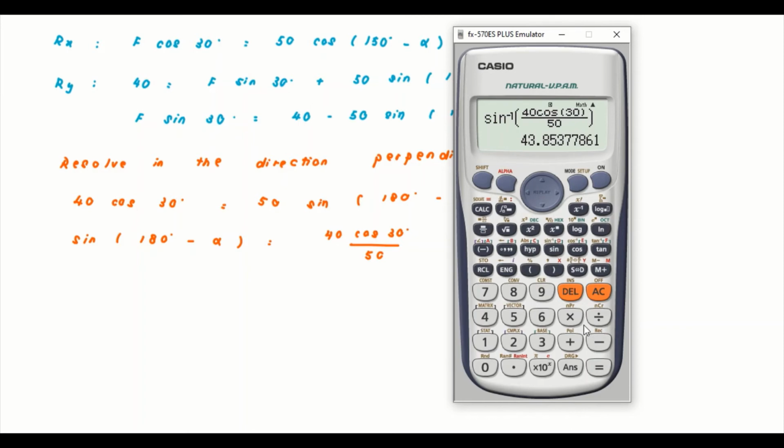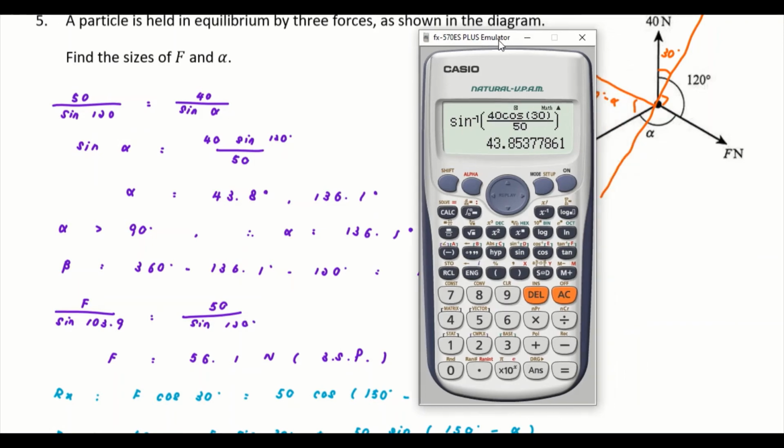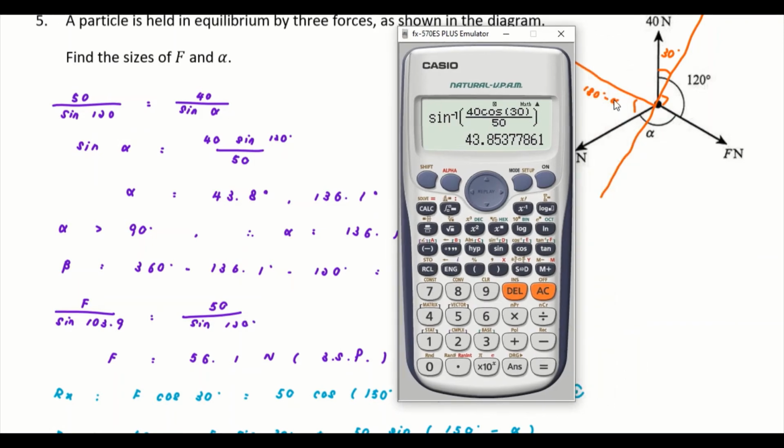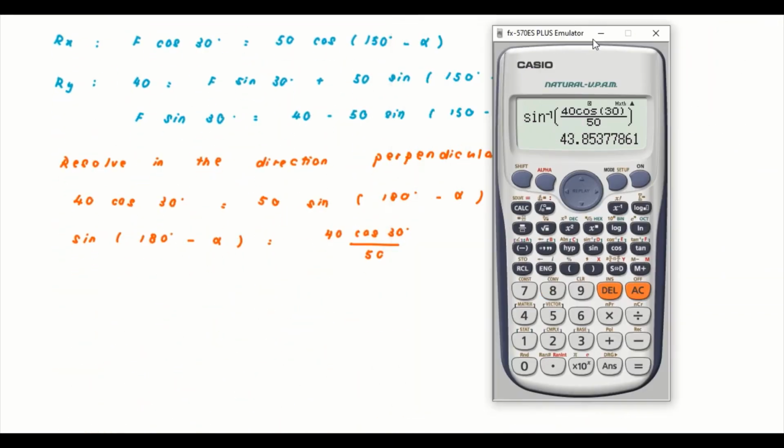I'll be able to get 43.85. Same thing, you might want to check your calculator again, to make sure that the number you write is in either quadrant 1 or quadrant 2. By looking at this diagram, you know that 180 minus alpha should be in quadrant 1, right? It's less than 90 degrees, so that's why 43.85 is correct.